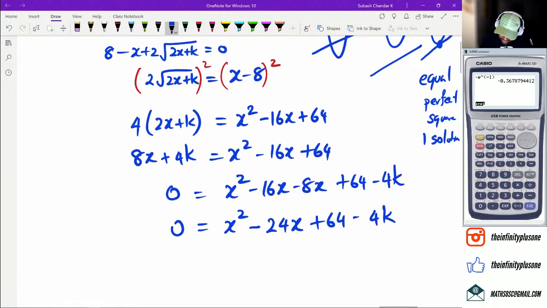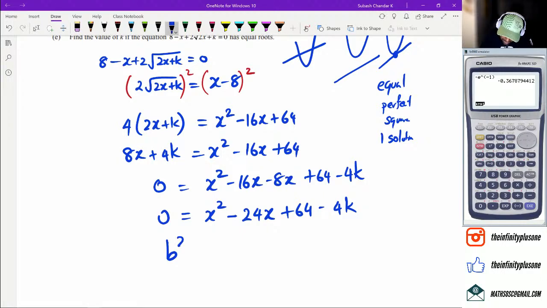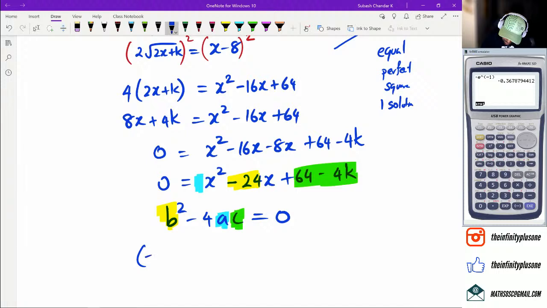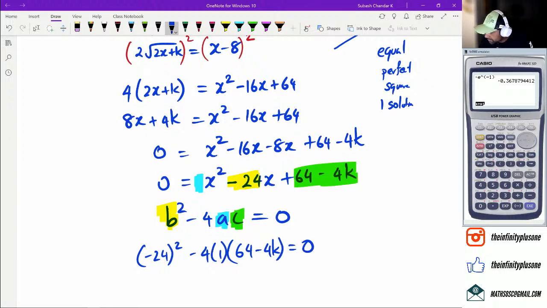So at this point, because they're asking for one solution, b squared minus 4ac is equal to 0. Our b value is there, our a value is there, and our c value happens to be there. So negative 24 squared minus 4 times 1 times 64 minus 4k equals 0.